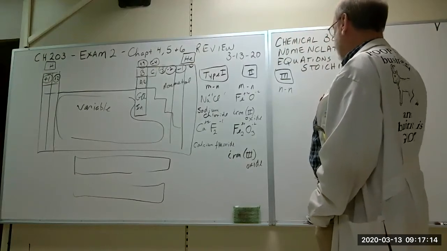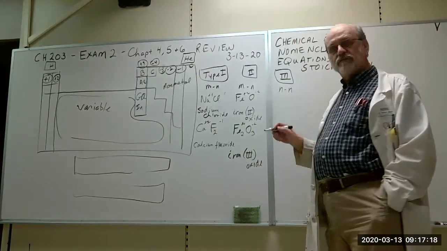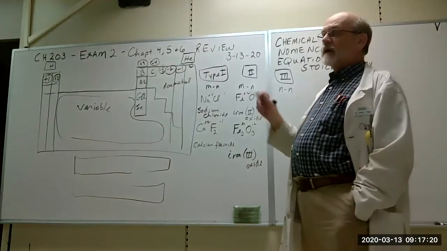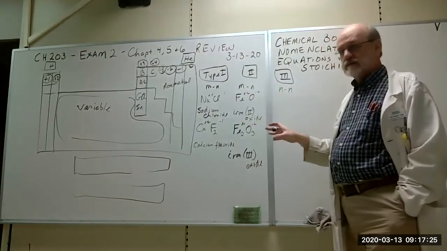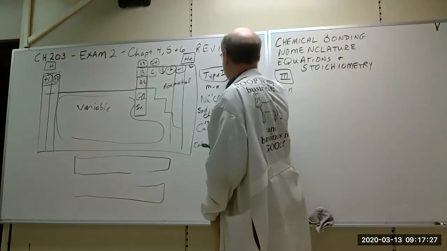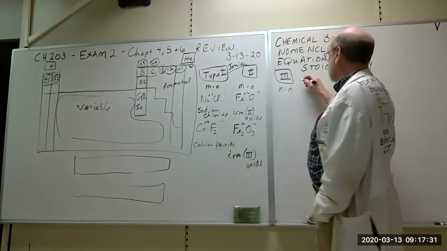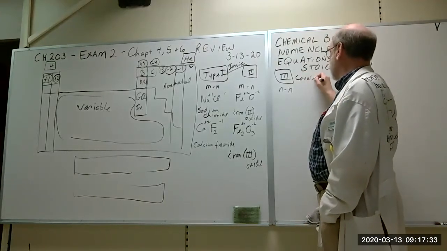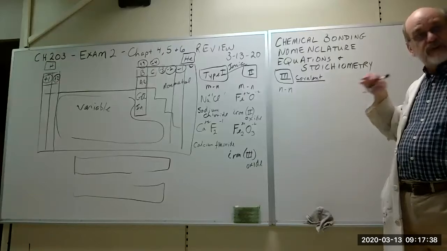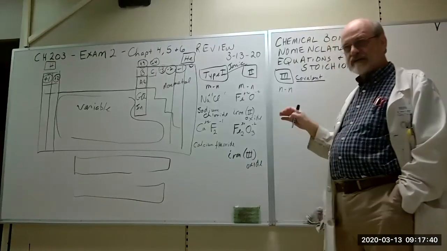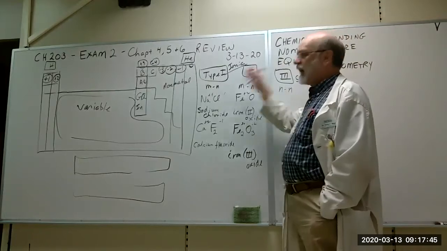Okay, and the last one, type 3 compounds, non-metal, non-metal. Right, so if both of the elements come from the non-metal side, they don't have charges. These are always covalent, so they don't have a charge. But for convenience, simplicity, and non-ambiguity, we model this one after that one.